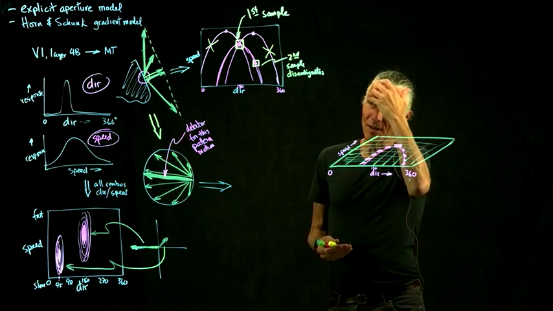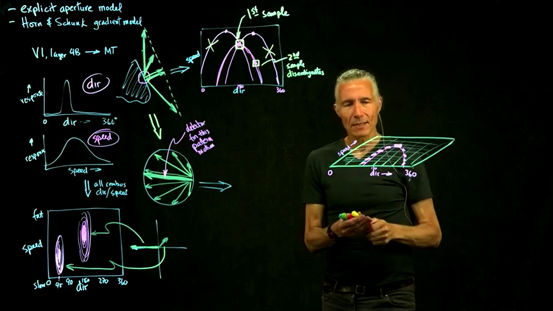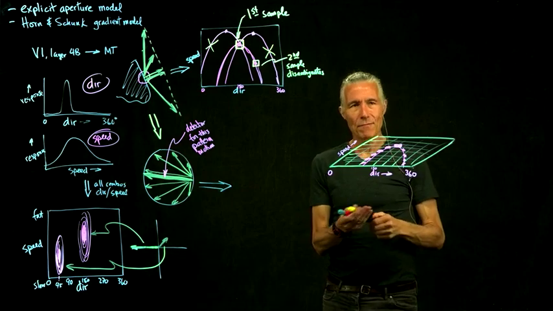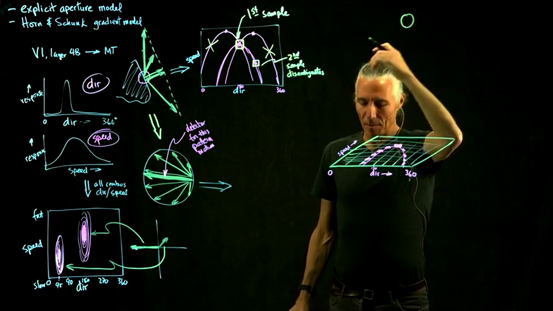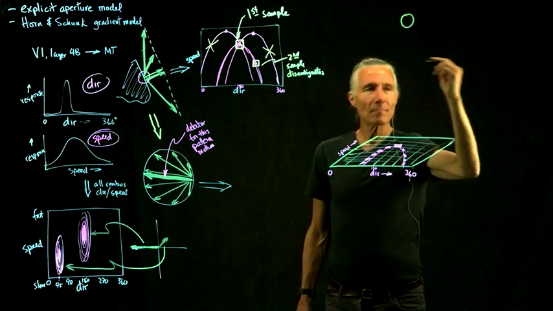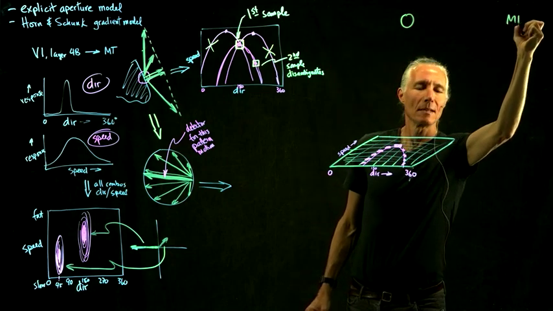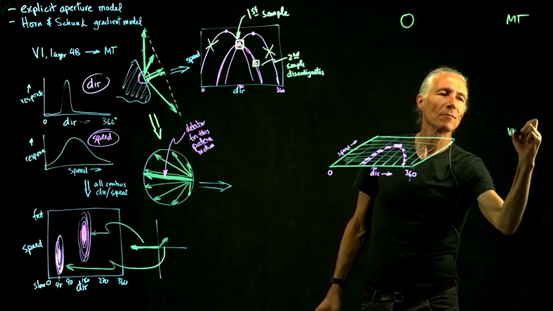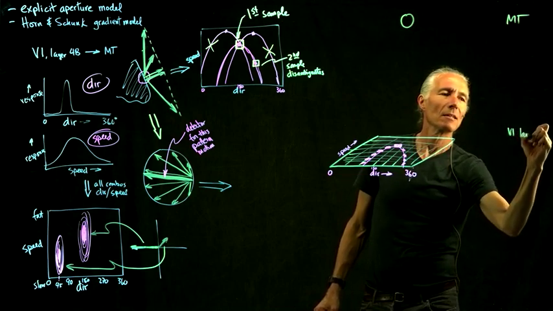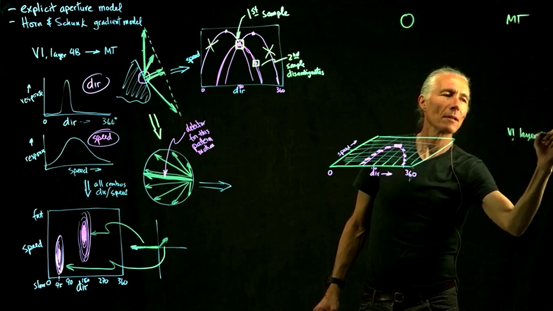multiple samples across space. If we imagine we've got one MT unit up here, so this is our MT, and this is V1 layer 4B.